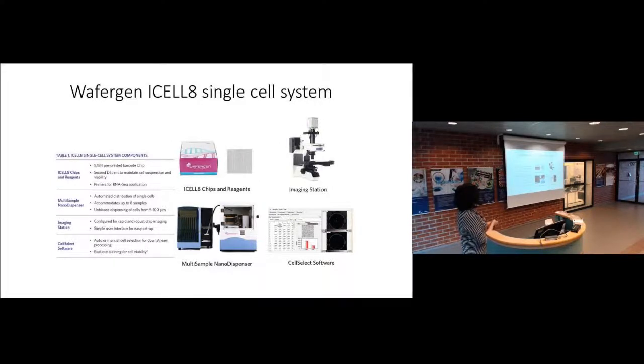And then there is an imaging station which scans the chip and records whether there is one or more cells in each of the wells, and whether it's a living or dead cell.